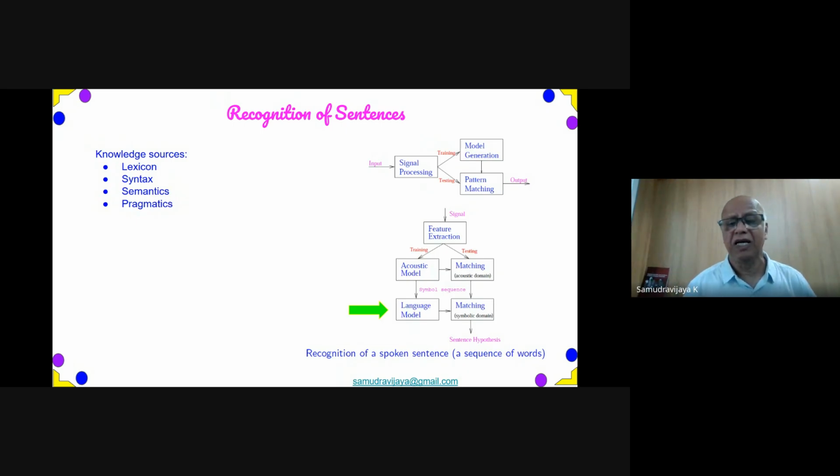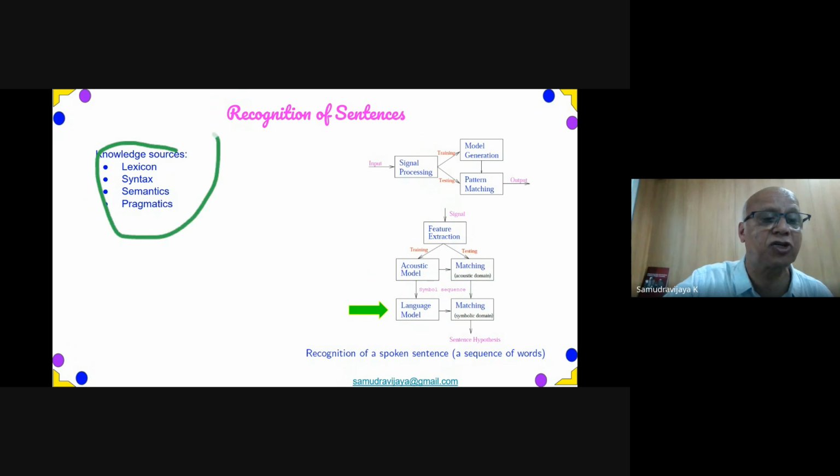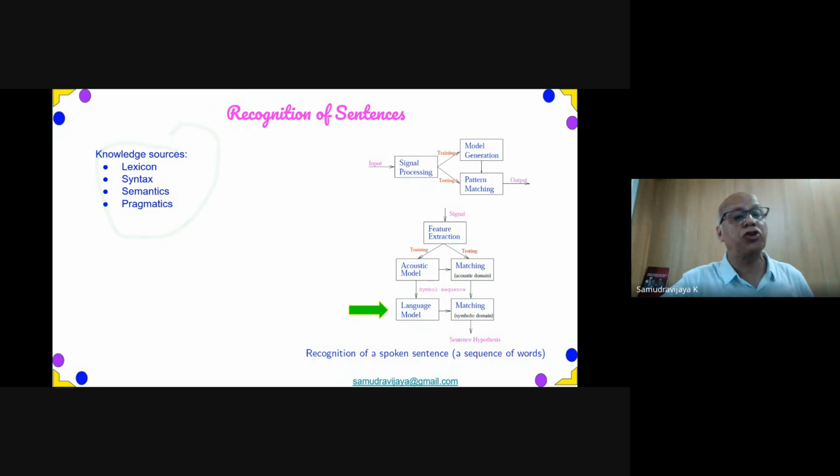In natural language, there is also a language model involved. There is not just the acoustic source of information, there are other sources of information. That is, what sequences of sounds are legitimate words in the language? What is the grammar? What about the semantics? Meaning sometimes helps the system.